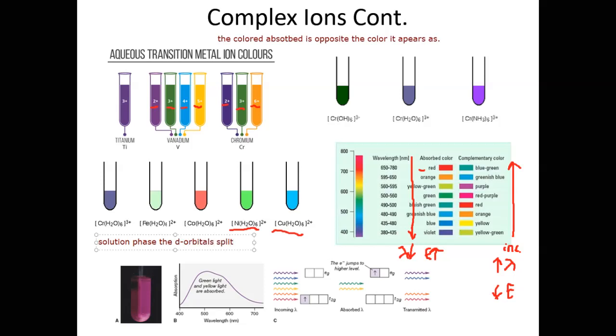And how do they split? They split into 2 and 3. So what does that mean? We have 2 higher orbitals and 3 lower orbitals. The higher orbitals are referred to as Eg, and the lower ones are T2g.